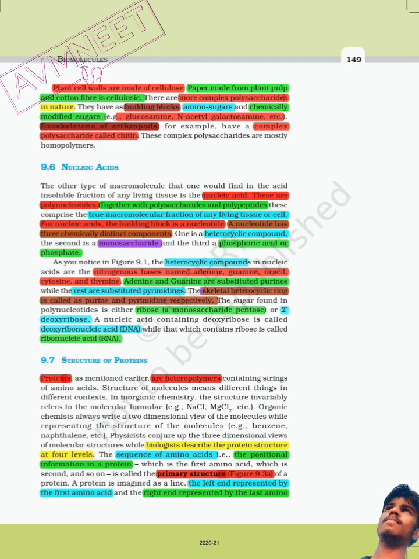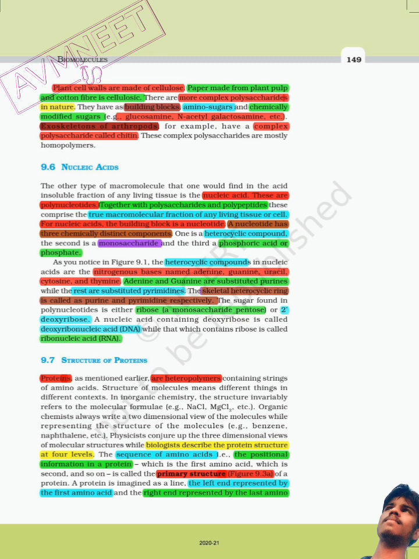The sugar found in polynucleotides is either ribose or 2' deoxyribose. A nucleic acid containing deoxyribose is called deoxyribonucleic acid (DNA), while that which contains ribose is called ribonucleic acid (RNA).